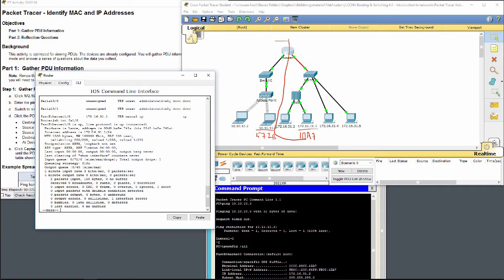And we can see that the IP address up here is 31.1, and on layer 2 the MAC address is ending with 741A. 741A, as we can see here. We have that here. Okay.